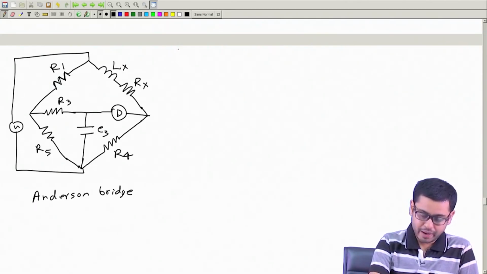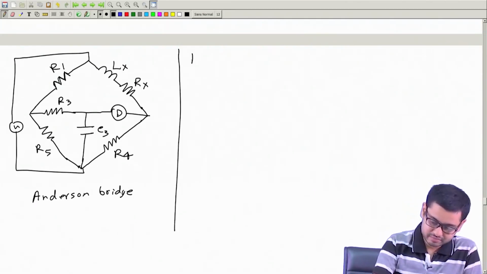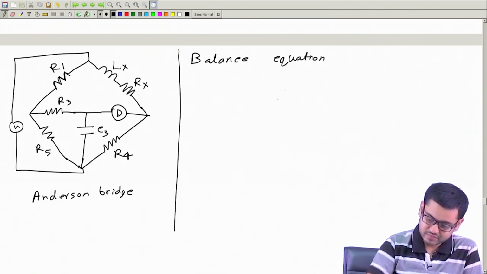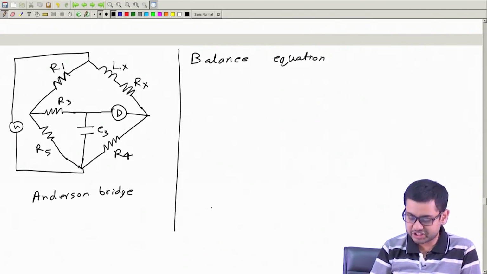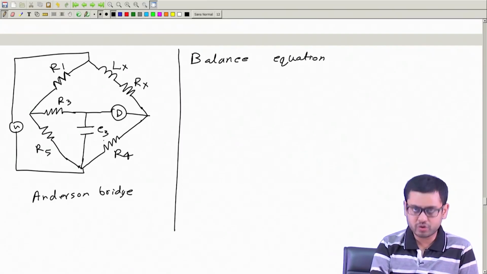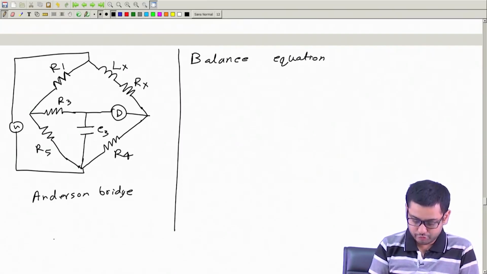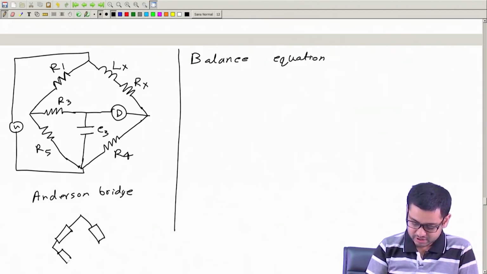Okay. So, balance equation. How can we find the balance equation? This does not look like a 4-arm bridge which we are familiar with. Okay.